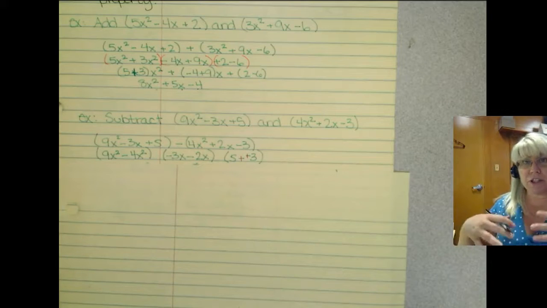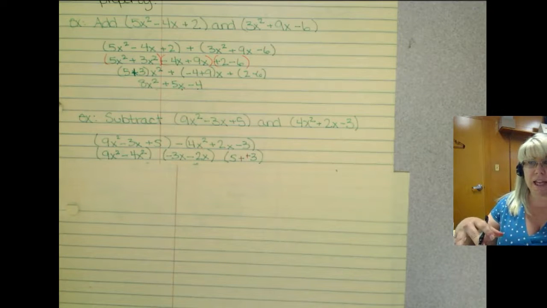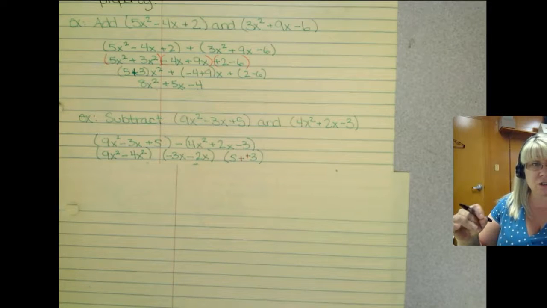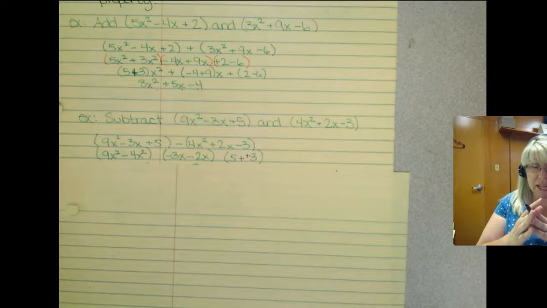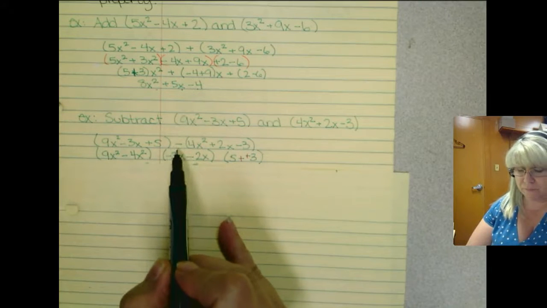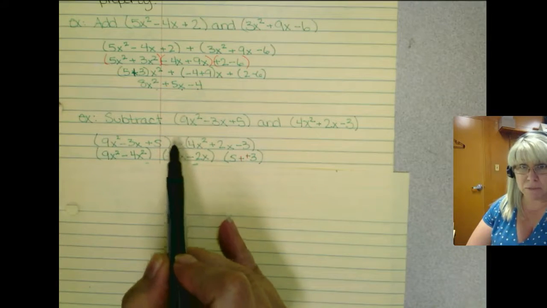Now here's what I'm going to do first. I'm going to go ahead and use my commutative property, but I want to make sure that when I'm bringing these two things together that I'm always subtracting them, instead of adding them.